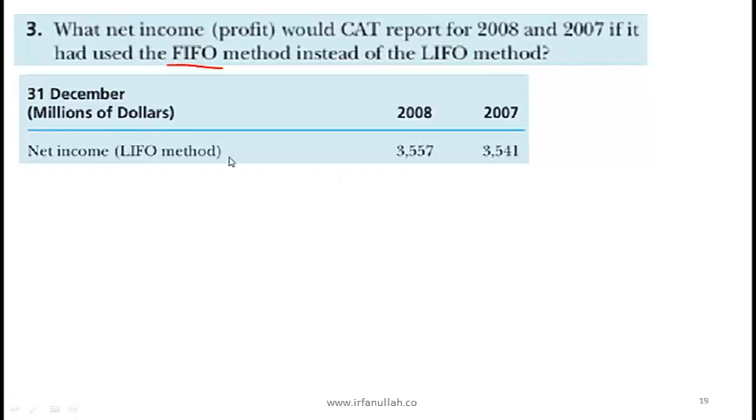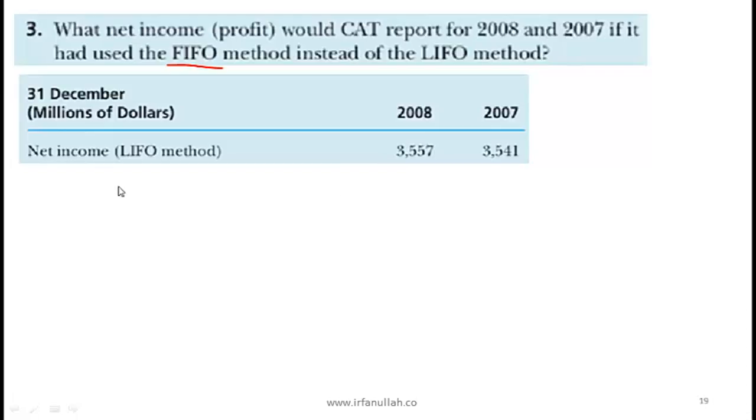We are told that with the LIFO method, this is the income. Now how would you do this? The way you do this is you take the change in the LIFO reserve, which is the benefit that you are getting.